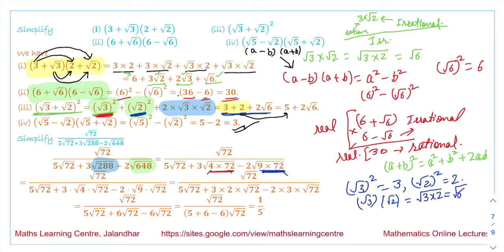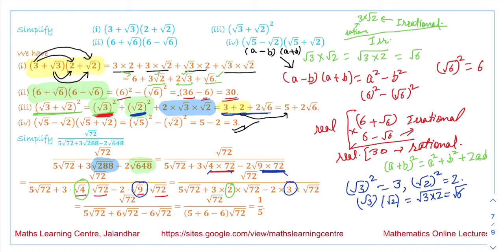All these numbers are positive, so we can separate the square roots: square root of 4 into square root of 72, and square root of 9 into square root of 72. Square root of 4 is 2, and square root of 9 is 3.